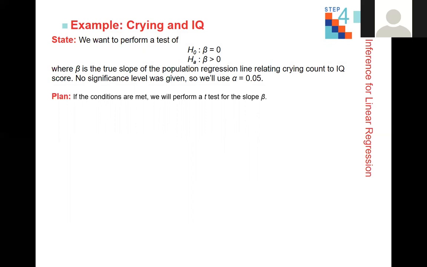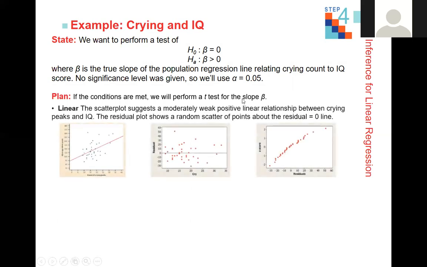Here come our conditions. We're ready for the marathon. This is a linear regression t-test. Again, your calculator will basically outline that for you. Linear: no clear pattern in the residuals.